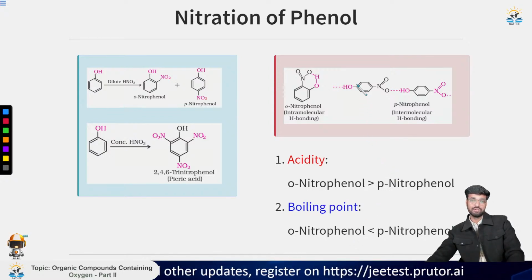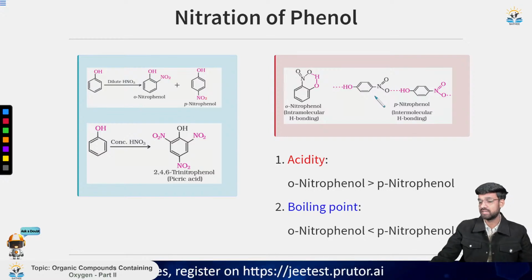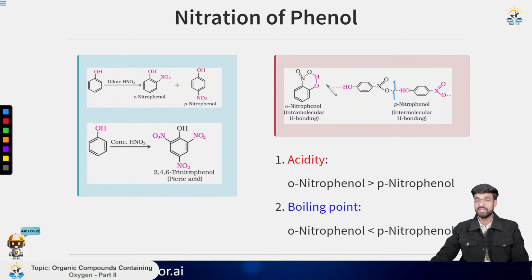Why is it so? Because to boil something we have to form its vapor, and we have to make it volatile. And how will that happen? You have to break this bond, in this case only. And you know very well that this hydrogen bonding is stronger in the case of intermolecular. So this will break easily for intramolecular as compared to intermolecular.